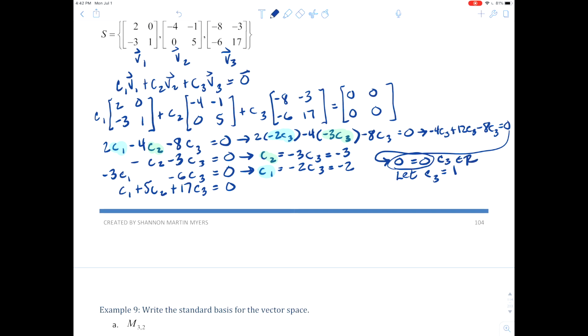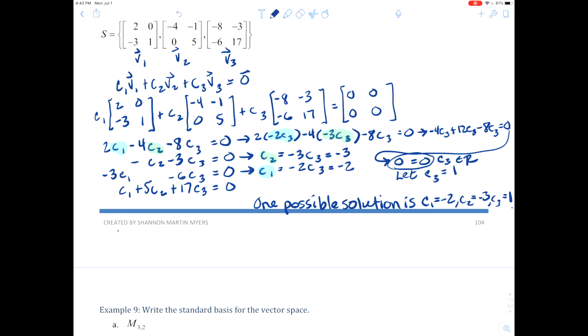So one possible solution is C1 equals negative 2, C2 equals negative 3, C3 equals 1. And there's infinitely many.